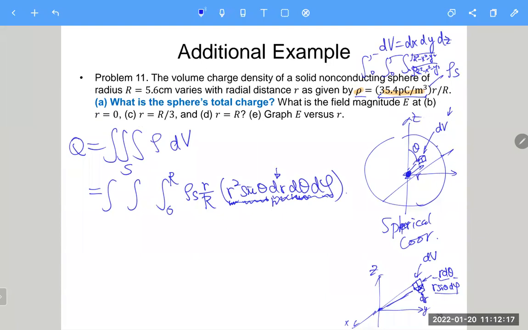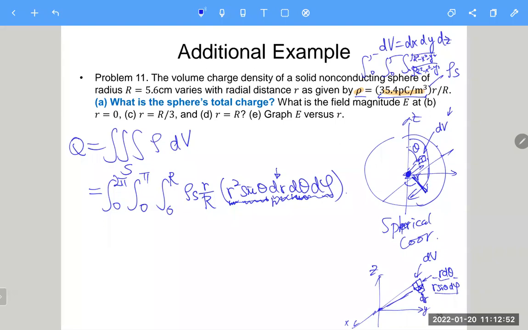This theta can go from 0 to 180 degrees, because however you rotate, the maximum angle can only be 180 degrees, which is pi in radians. And for phi, it is the projection onto the xy plane, and the angle of this line from the x-axis can rotate from 0 to 2 pi. So this is roughly how the spherical coordinate works.